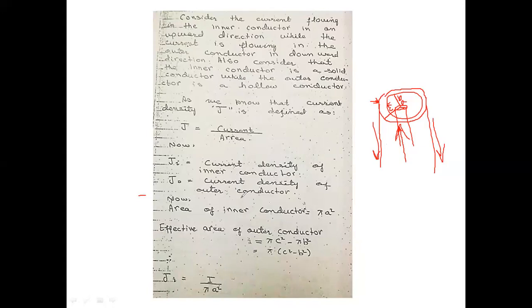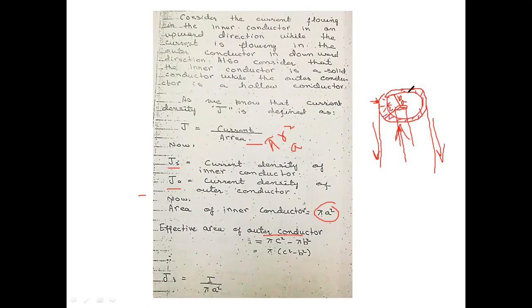Now the current density J is equal to the current flowing through the unit area. So we have J for the inner conductor and J for the outer conductor. According to this formula, the area for the inner conductor is pi r square, and for the inner conductor r is equal to a, so the area will be pi a square. Now the effective area for the outer conductor: this is a hollow conductor, so we consider the effective area for this shaded region only.